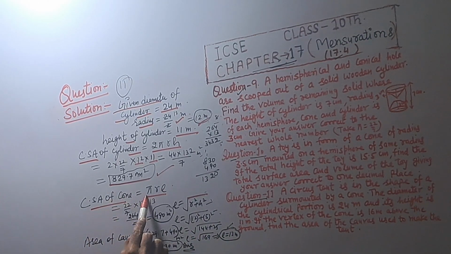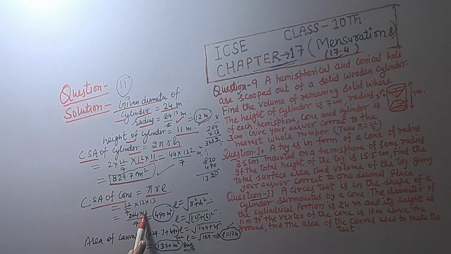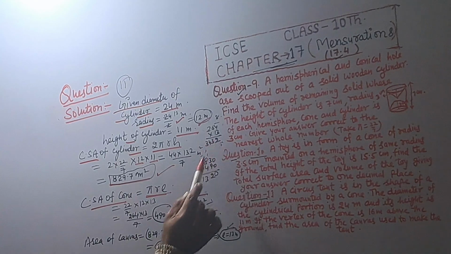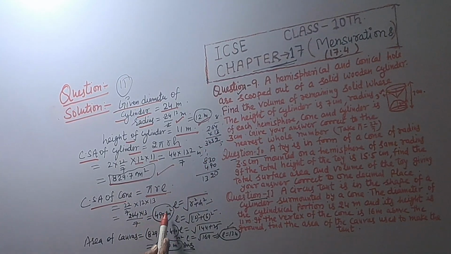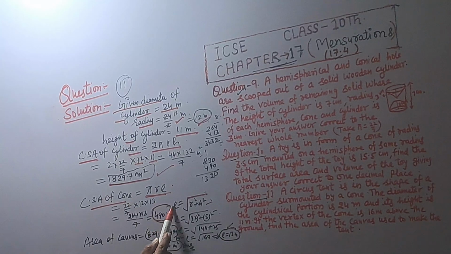So curved surface area of cone is pi rl, that is 22 upon 7 into 12 into 13. 22 into 12 is 264, multiplied by 13 we get 3432, and divided by 7 we get approximately 490 meter square.